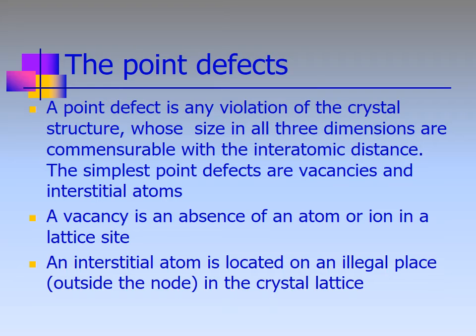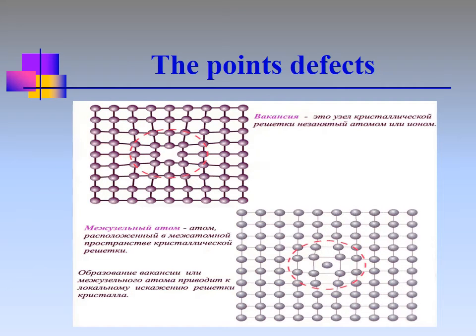We will begin with the simplest crystalline defects, the point defects. A point defect is a violation of the crystal structure whose dimensions in all three dimensions are commensurate with one or several interatomic distances. Please look here. A point defect can be of simple or complex structure.